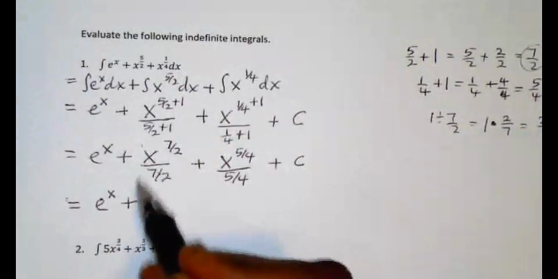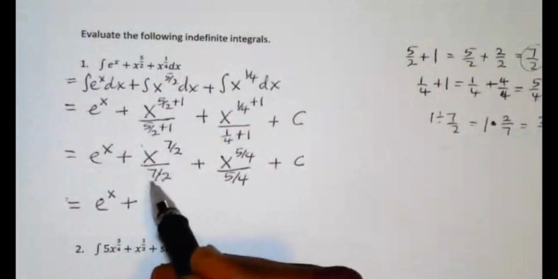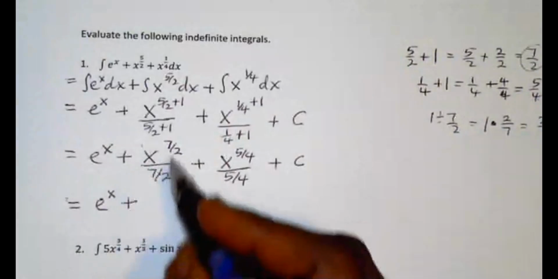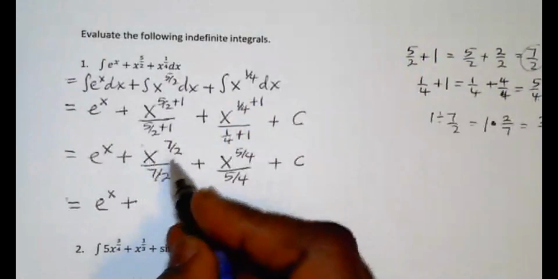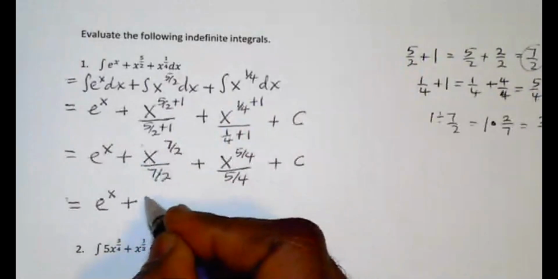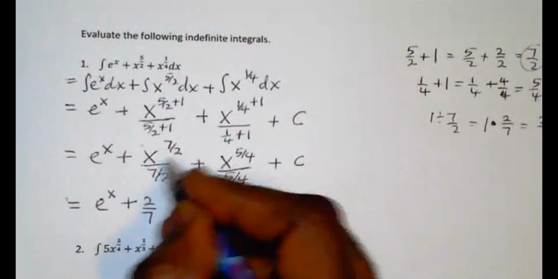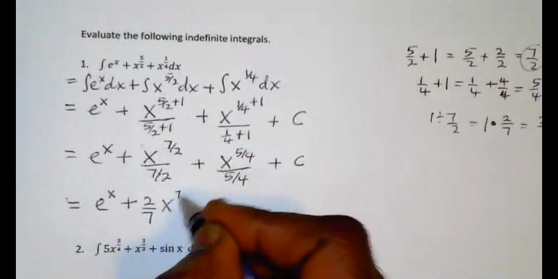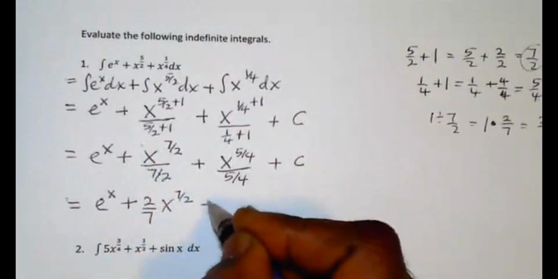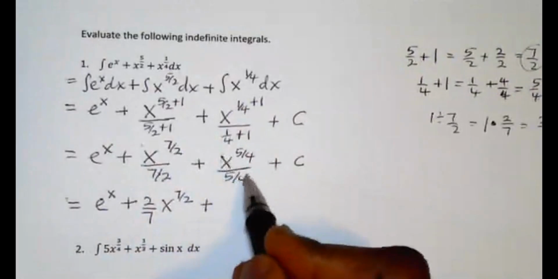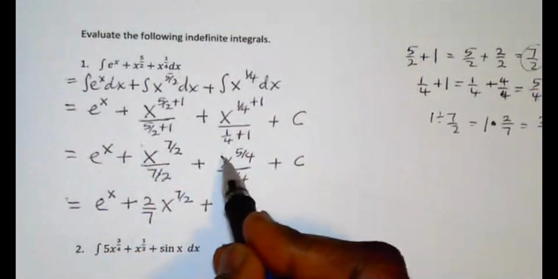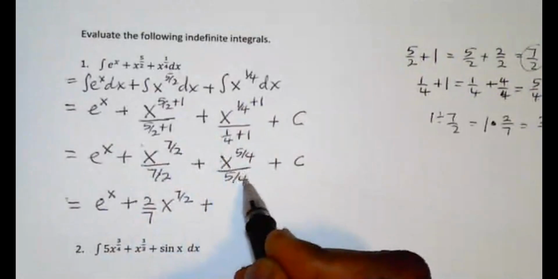So in other words, you take the reciprocal of this fraction, the denominator, and multiply by the fraction in the numerator. So let's do that. So this becomes 2 over 7 times x to the power 7 over 2, plus the same thing here, 1 divided by 5 over 4. So it will be 1 times the reciprocal of 5 over 4, which becomes 4 over 5.